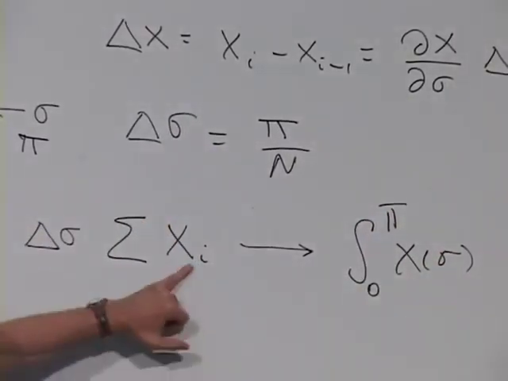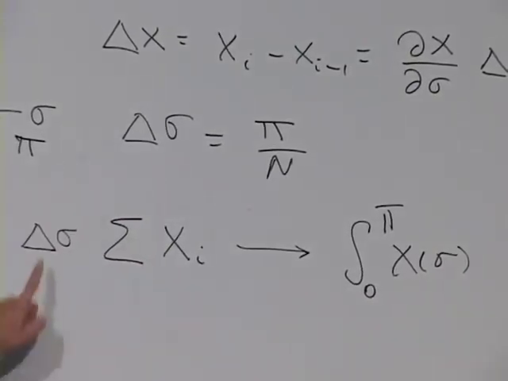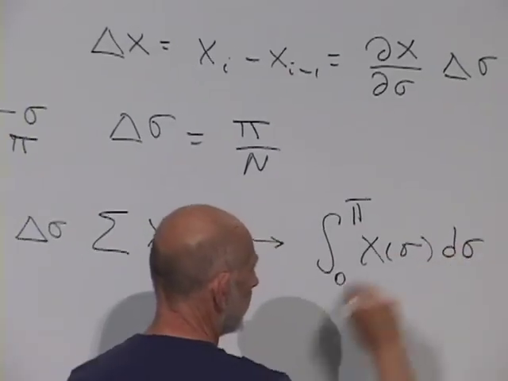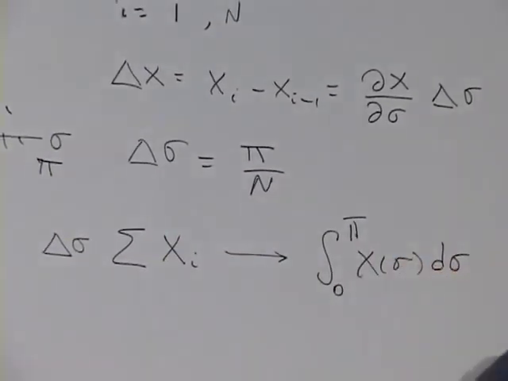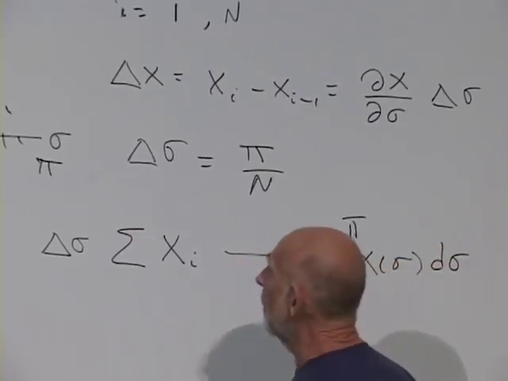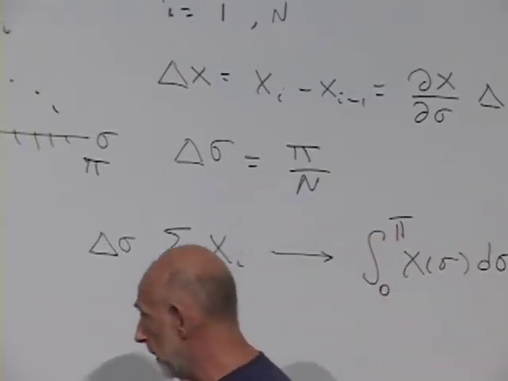We simply replace x of I by x of sigma, and delta sigma becomes d sigma. Basically, it's a definition of an integral, but I want to have these equations on the blackboard because we'll use them several times. Okay, that's the first mathematical preliminary.